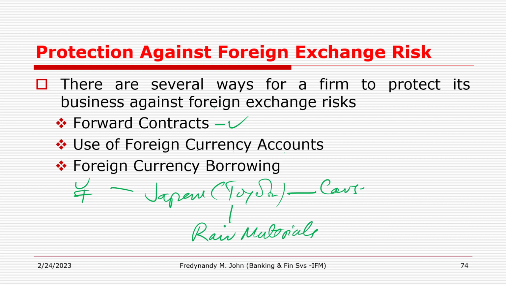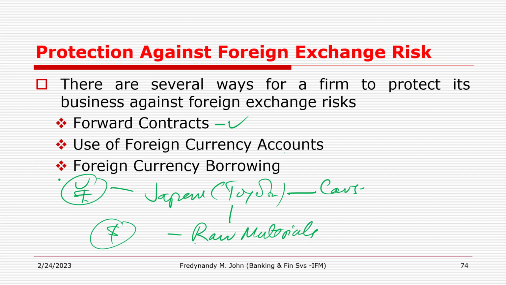Therefore, Japanese manufacturers depend on the import of raw materials that they use. And these raw materials are invoiced using strong currencies such as the dollar. For that reason, the Japanese will need some Japanese yen in order to purchase raw materials that are invoiced in dollar.